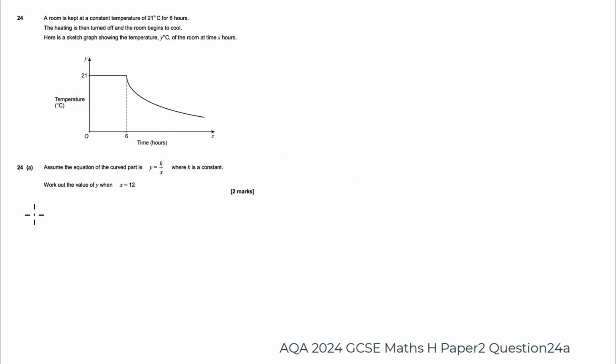So let's write this equation down. Y equals k over x. And what do we know about this curve? Well, we know that this point lies on the curve. So that's got an x value of 6 and a y value of 21.